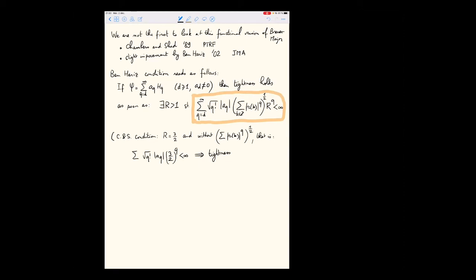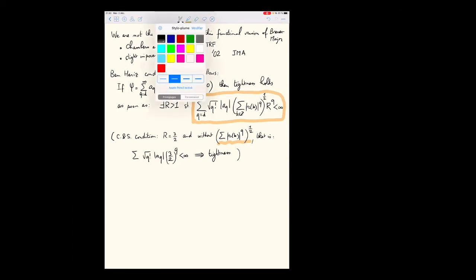Okay, somehow adding this helps a little, just a little, because this is something that goes to 0, but not very quickly in examples. So it is nice to have it, but if you don't have it, the examples you get using Ben Harris' condition with respect to the ones you get using Chambers and Slud are not very different.